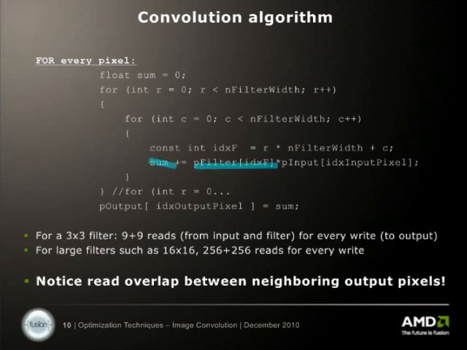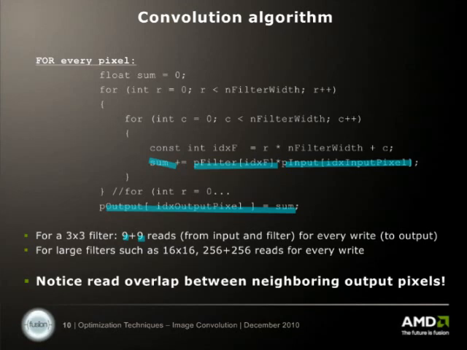So it's a double nested loop, and all we are doing is we have a sum, and it is a weighted sum. These are the weights, and these are the neighboring inputs. So all we do is say the output is the sum total of the weighted products of the values of our input.